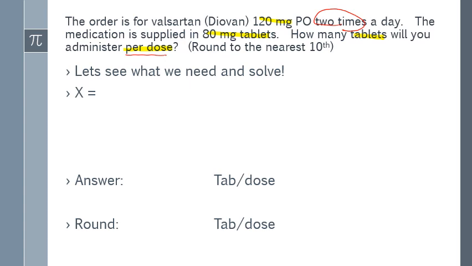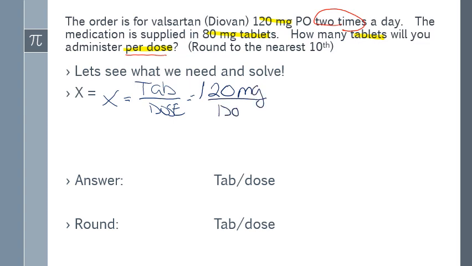So let's go ahead and set up our problem. We're solving for tablet per dose. We know that we have 120 milligrams. That's going to be per dose. And we know it's supplied in 80 milligram tablets. We know tablet has to go on top, so 80 has to go on the bottom.